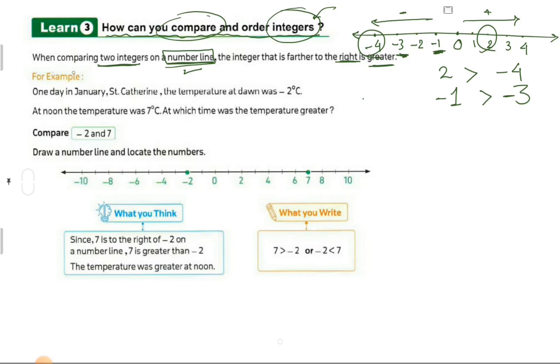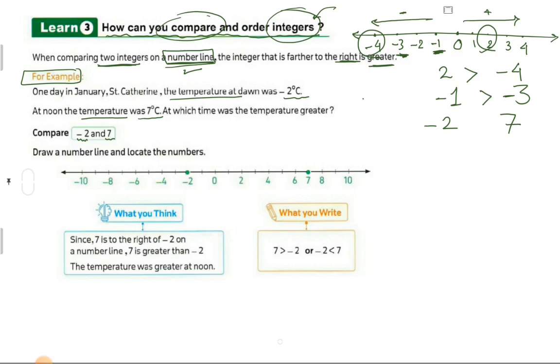For example, here we need to compare negative 2 and 7, as temperatures.